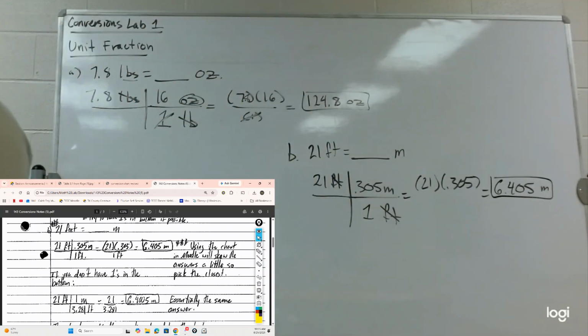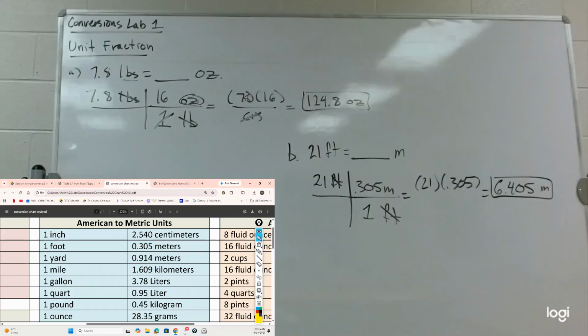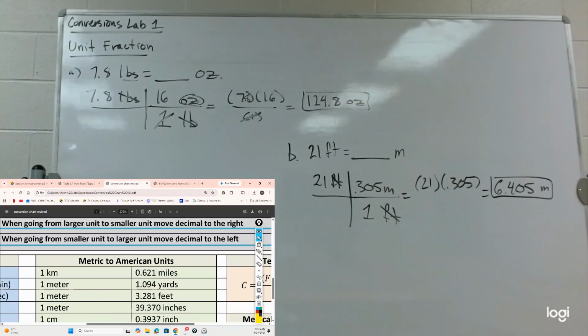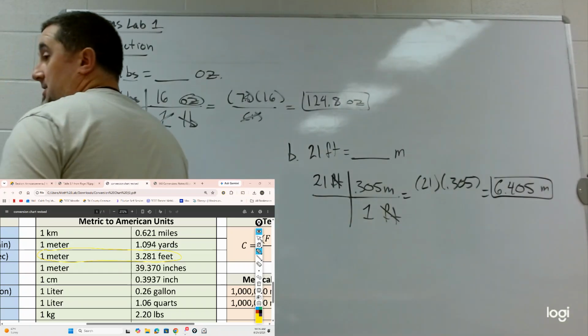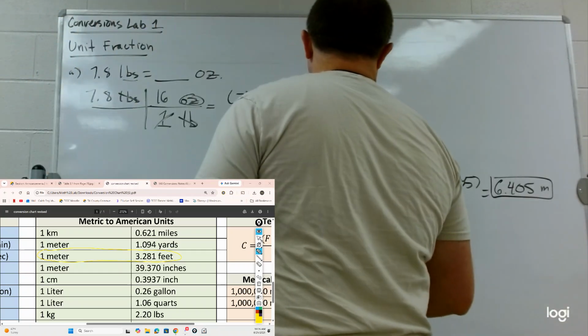Let's say, however, that you did not find 1 foot was 0.305 meters. Maybe you found this one. 1 meter is 3.281 feet. Does not mean you did anything wrong. It just means your answer is going to be a little different.